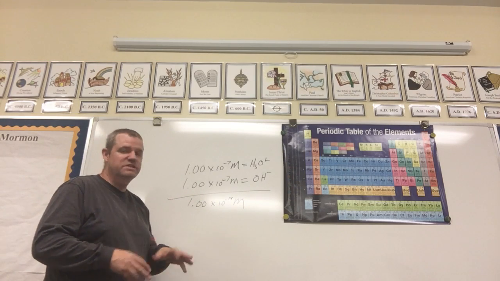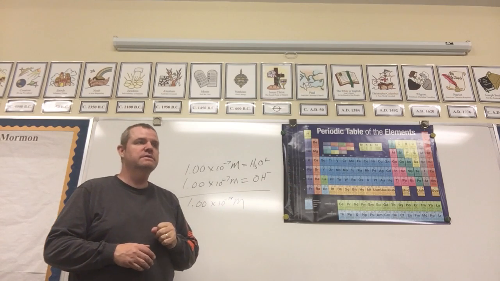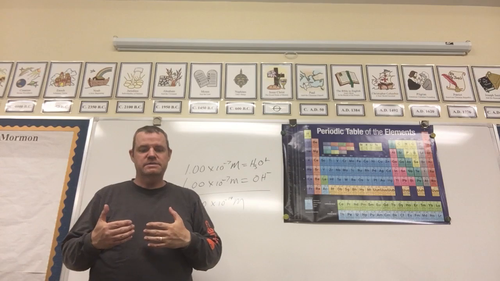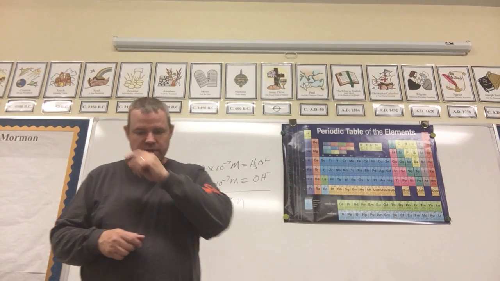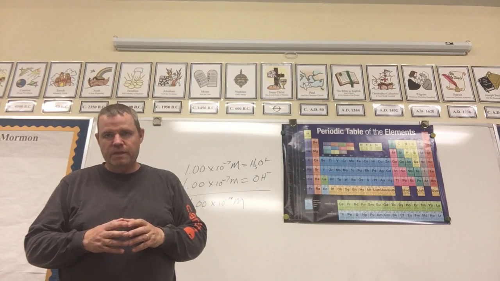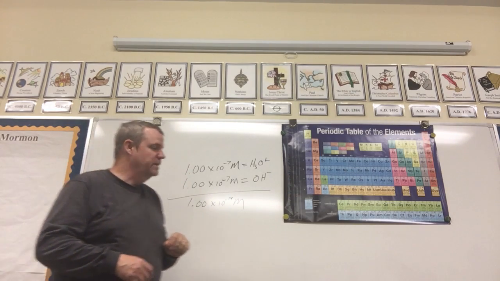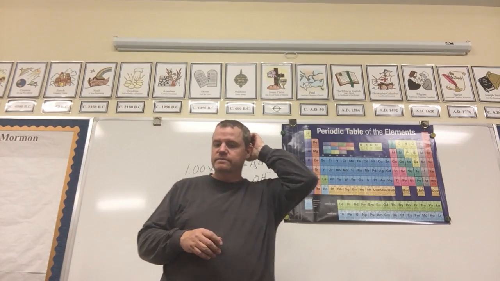Or if we had just a little bit more of the OH minus in solution, then it would be a basic solution. So the way we rate these is on the pH scale, and we're going to talk a little bit about how that pH scale comes into play.